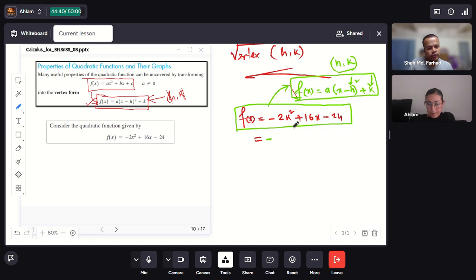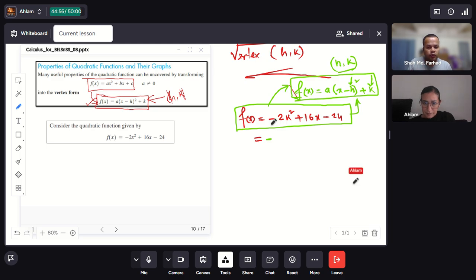That means now we have to convert it into this form. So how can we convert it? Here we will need to do some calculation.